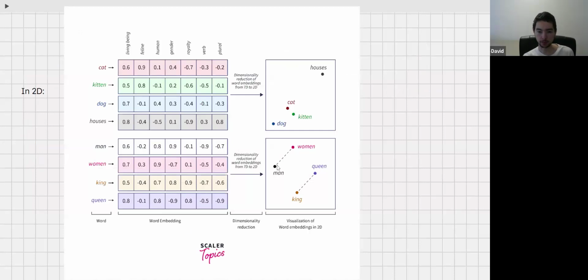For example, in this example, we can see that these 4 words are related to each other in different ways. In the top picture, we can see that cat, kitten, and dog are all about animals, and houses is more of an object, so it's clustered further away.